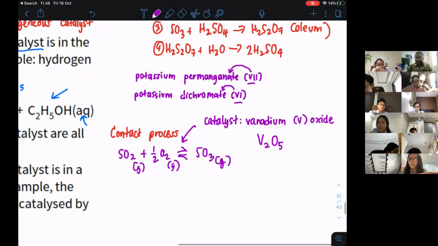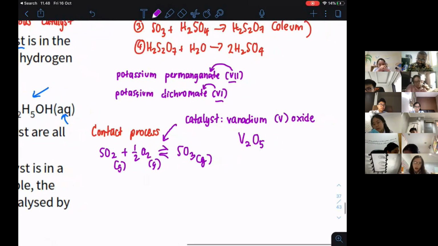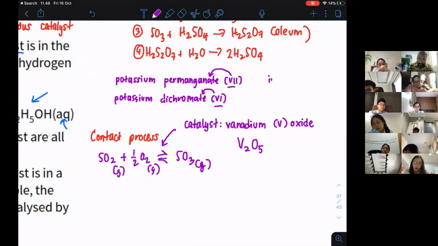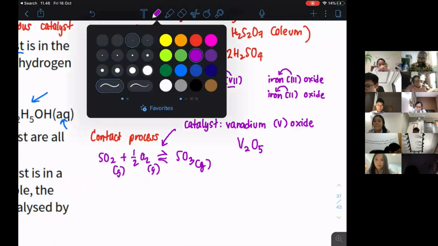So when I have vanadium 5 oxide, or before I go there, for example, if I say iron 3 oxide, or iron 2 oxide, if the oxidation number comes in the middle, it means the oxidation number for this iron is +3, and the oxidation number of this iron is +2. For iron, it's going to be easier.